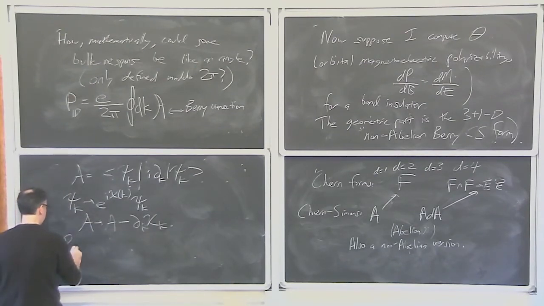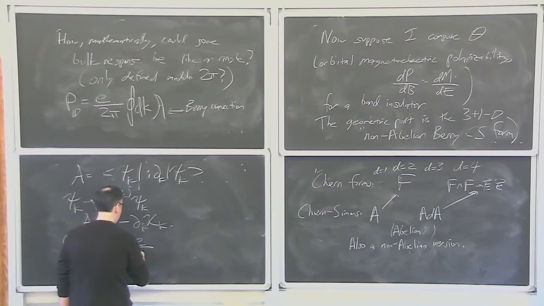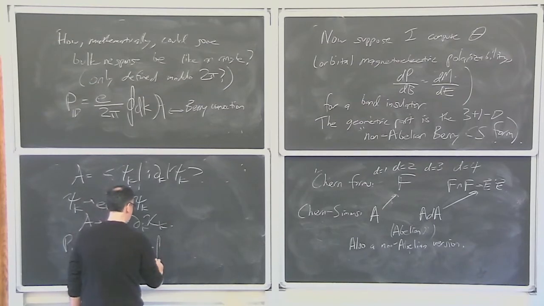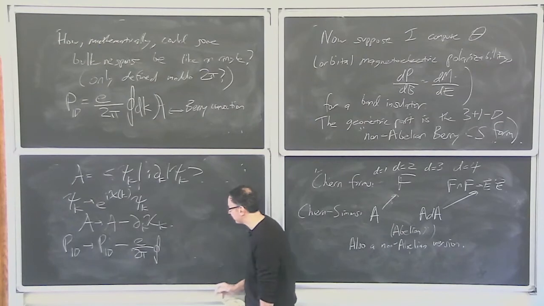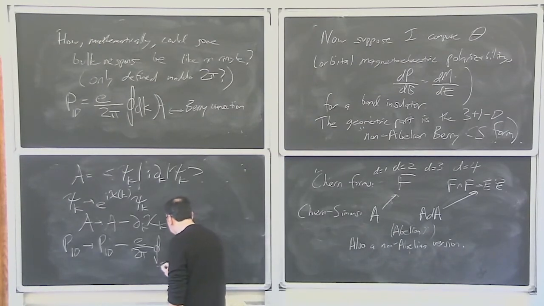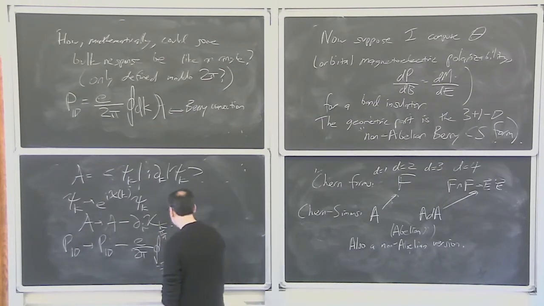Well, that means polarization goes to what it was before, minus e over 2 pi, integral over the 1D Brillouin zone, which is like a one-dimensional torus. Let's write it, if you want, as minus pi over a to pi over a. But remember, there are periodic boundary conditions. And then I've got dk times partial_k chi.